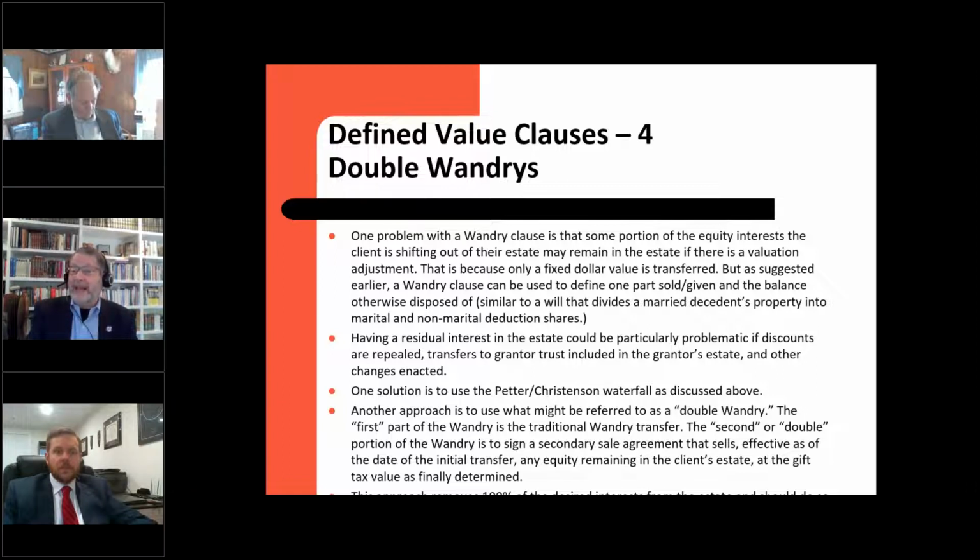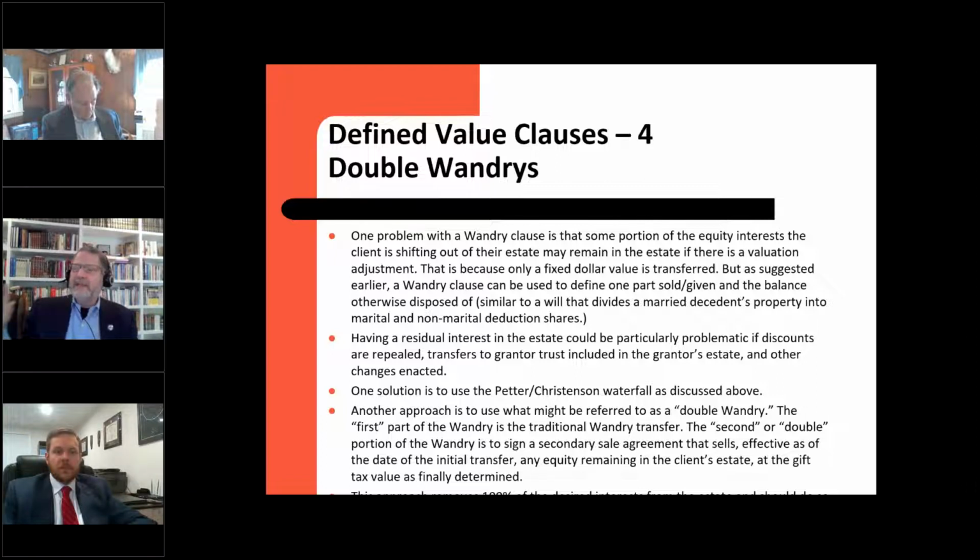So we had to get it done, and people did transactions and later adjusted them if the appraised value came in different than the initial estimate, even apart from the Wandry, which is an adjustment for gift tax value as finally determined. So what I dub a double Wandry is one way to deal with some of the valuation issues. And what I've talked about with what I call a double Wandry is to try to address the Powell issue.